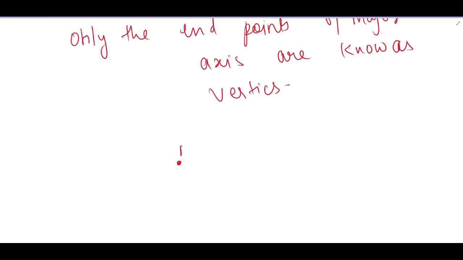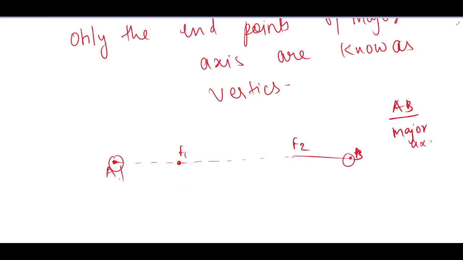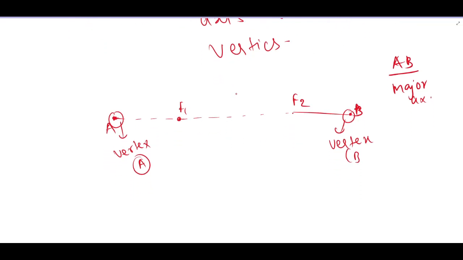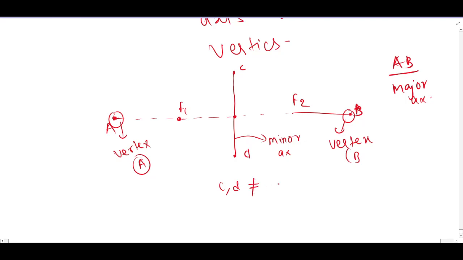So if we have two foci F1 and F2, and the major axis is through F1 and F2 where endpoints are A and B, then we can call A and B the vertices of an ellipse. This is vertex A and this is vertex B. But if we have a minor axis at the center of ellipse and the endpoints are C and D, C and D are not vertices.